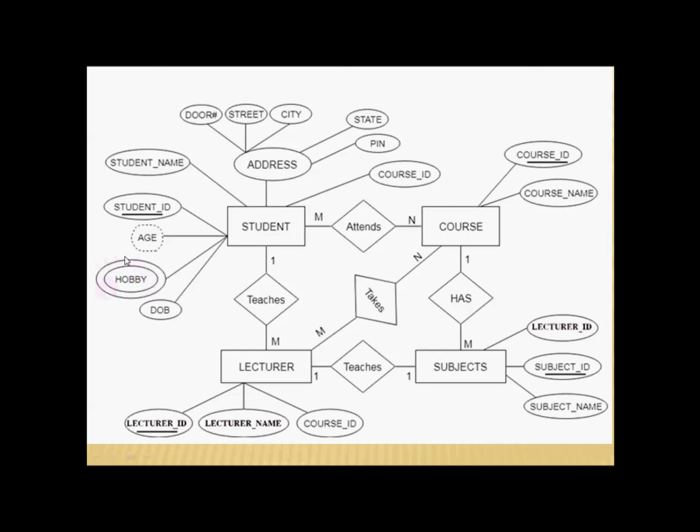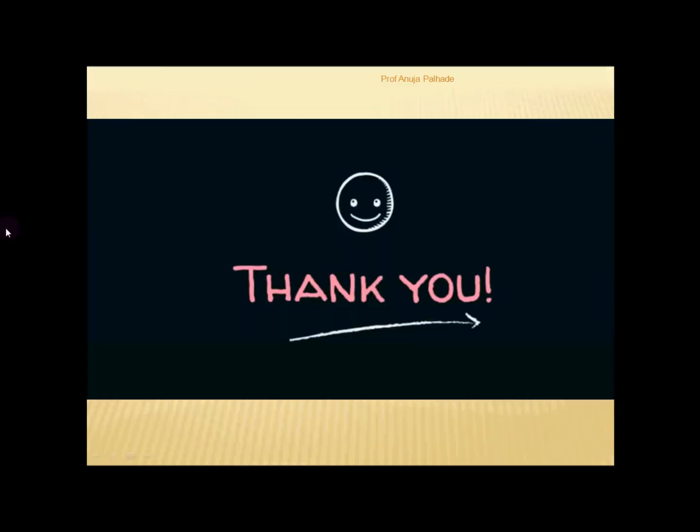Student address is again an attribute composed of door, street, city, state, pin. Likewise, you can see here relationships shown by the diamonds. These are the attributes. This is the key for the lecturer table. This is a multi-valued attribute.